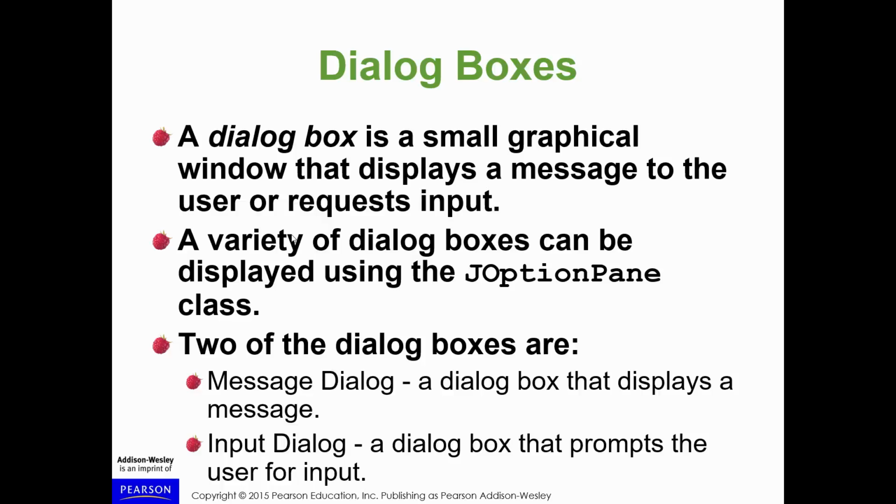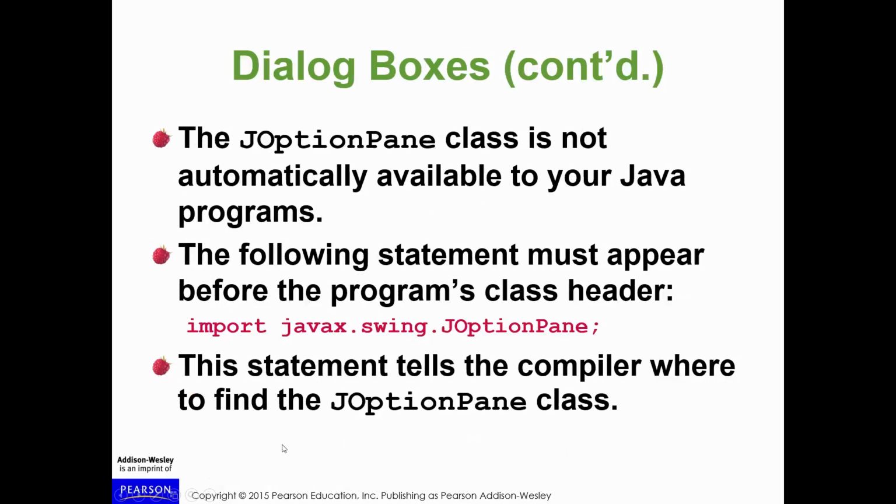The dialog box, as it says, displays a small graphical window with a message to the user. There are 2 basic types of dialog boxes that you use using what's called the JOptionPane class. They are the message dialog for output and the input dialog for input.